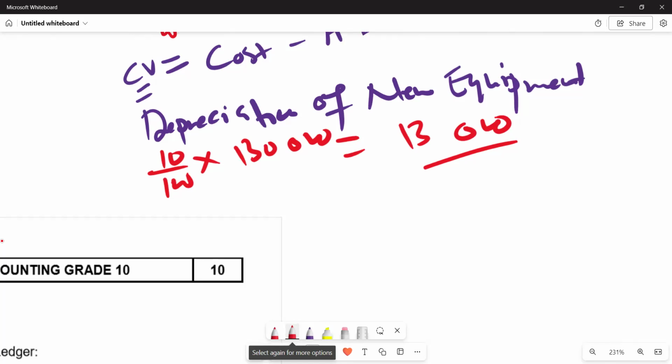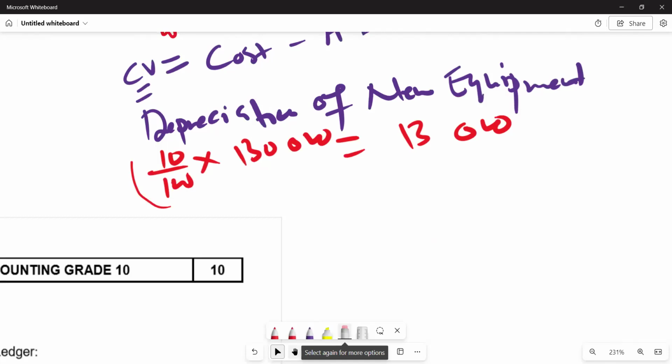So this is the depreciation of new equipment. And then this is per year. Remember, the rate that we are given here is per year. So we need to make up a proportion of the number of months that it states. Remember, we counted the number of months, and we got 4 months. The 13,000 is representing the annual figure.